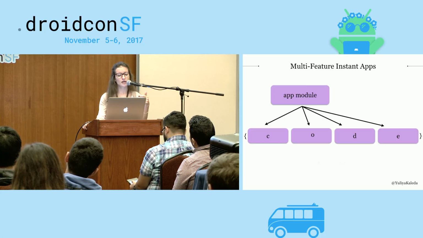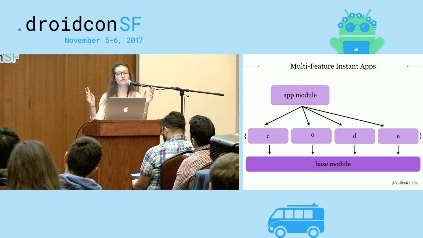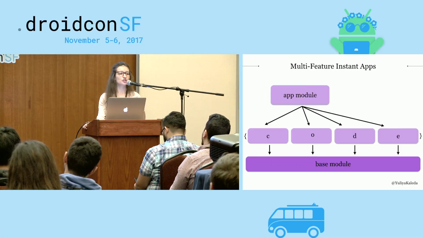So what we have to do is add a base module to our multi-feature Instant App. The base module is the so-called shared repository, which will have all the stuff that will be pulled into any of the feature modules. So in order not to duplicate all of the logic in each and every feature module, move it to the base module and provide the dependency of the feature modules on the base module.